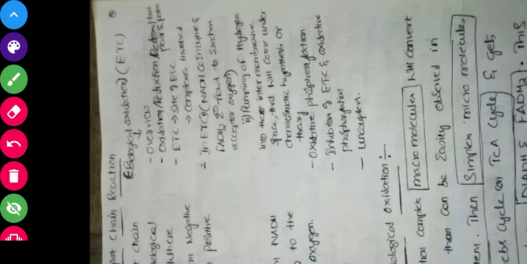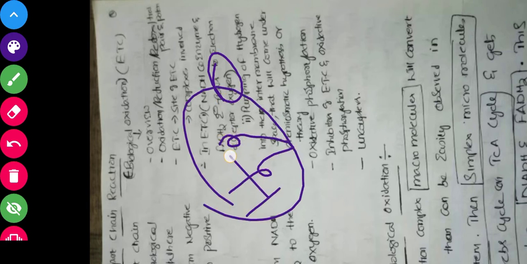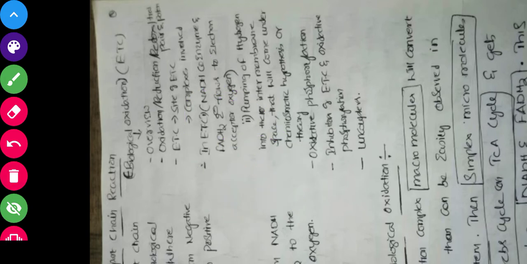In the electron transport chain reactions, the electrons will flow from one complex to another complex, and ultimately reach the oxygen atom to form a water molecule.